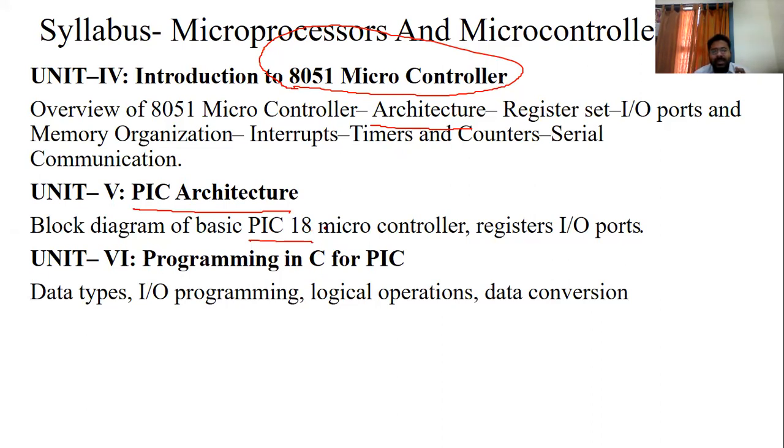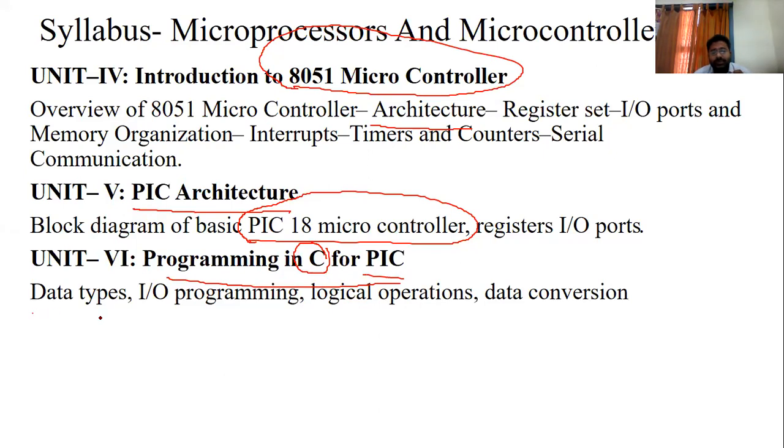PIC 18 is also one type of microcontroller. Here there is some programming in C for the PIC controller, so you need to write programs in C language to operate the PIC 18 controller.